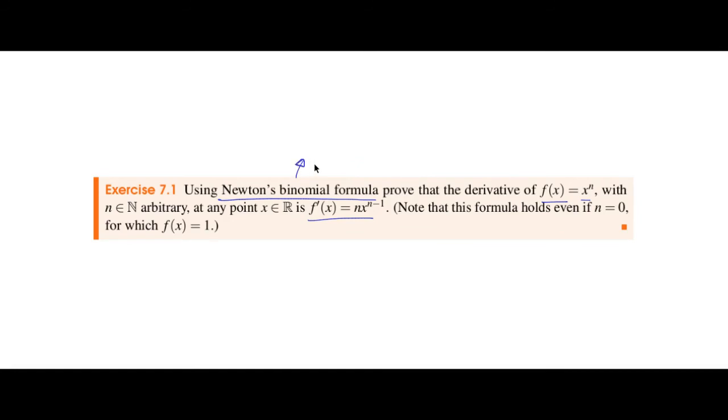Remember that Newton's binomial formula is: x plus y to the n is equal to the sum from k equals 0 to n of n over k, the binomial coefficients, times x to the k, y to the n minus k. Let me write this.